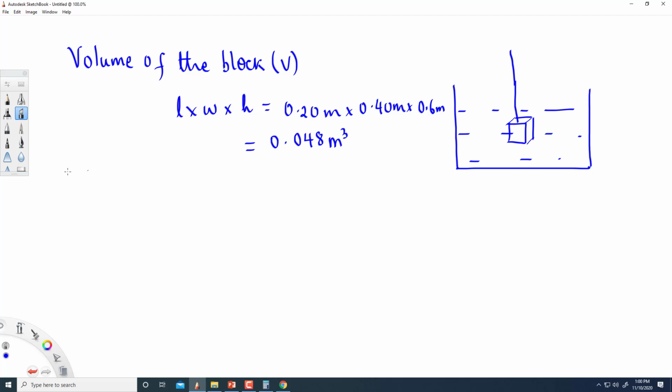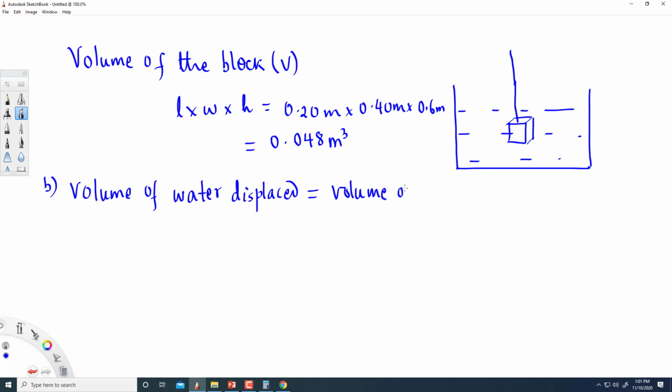So the answer to B, the volume of water displaced, is the volume of the block, which we just found: 0.048 cubic meter.